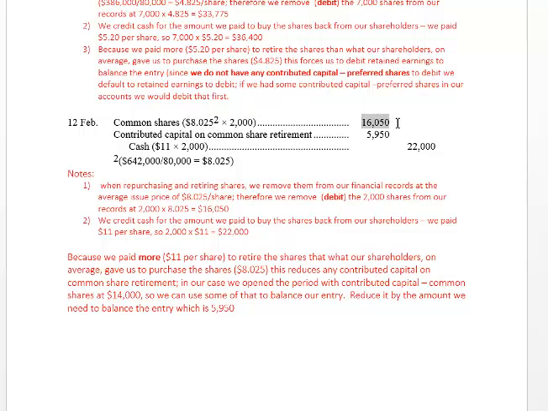So we're going to debit that $16,050. We paid out $22,000 cash to buy them back, so we have to reflect a debit because it cost us more to buy them back than shareholders gave us on average. And that led us to a debit of $59.50 on the common share retirement.